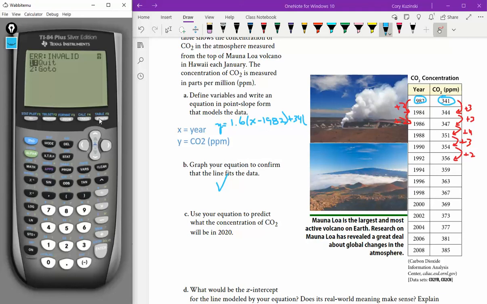So let's go second graph to the table. That's going to take too long to get to 2020, but I can go second table set, start at 2020. There we go. And it jumps right to it, 401.8 parts per million.